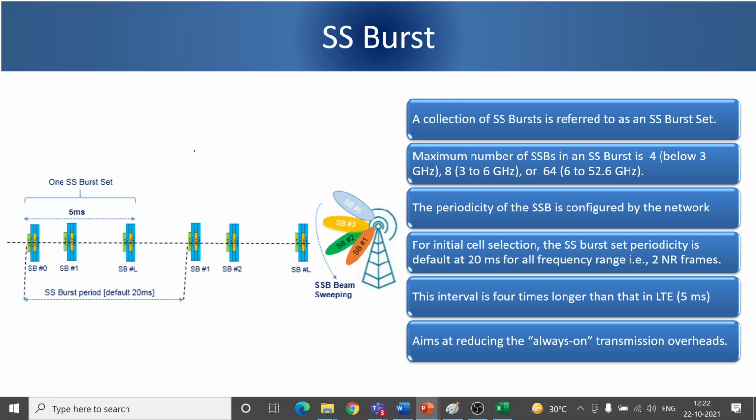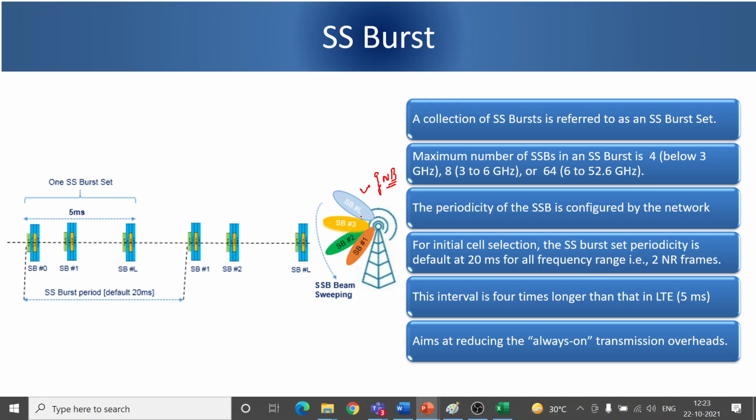As I said, this is your gNodeB, and it will be transmitting the SSB, the synchronization signal blocks 1, 2, 3 and L. And L, as we have discussed, depends upon the frequency itself, because for less than 3 gigahertz I have 4, for 3 to 6 gigahertz I have 8, and for millimeter wave I have up to 64. That's the maximum number, not compulsory, but the maximum number of SS blocks possible, right?